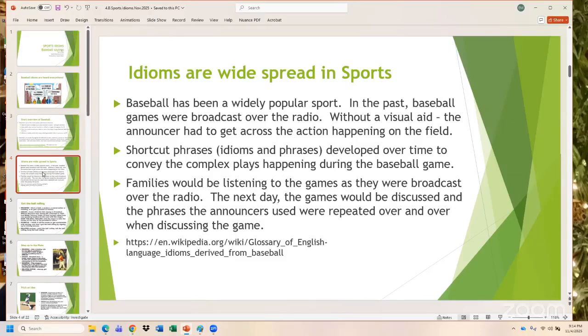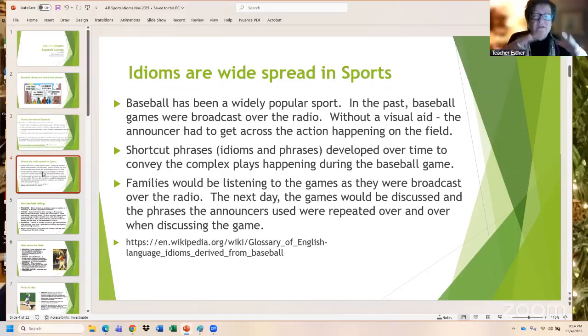Families would be listening to the games as they were broadcast over the radio. The next day, the games would be discussed, and the phrases the announcers used were repeated over and over when discussing the game. So this culture of listening to the game on the radio resulted in our parents and our grandparents discussing baseball and using these phrases that they heard on the radio over and over.